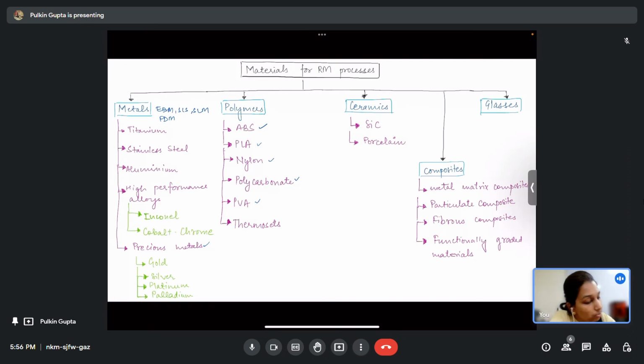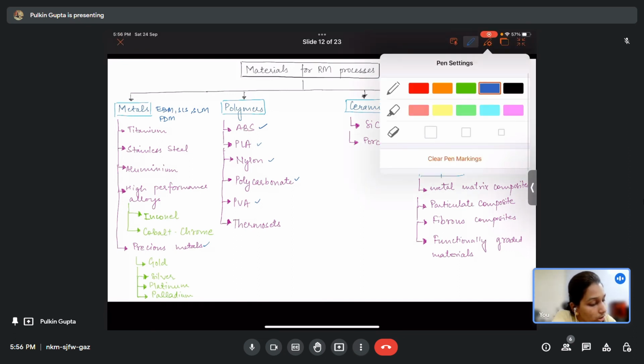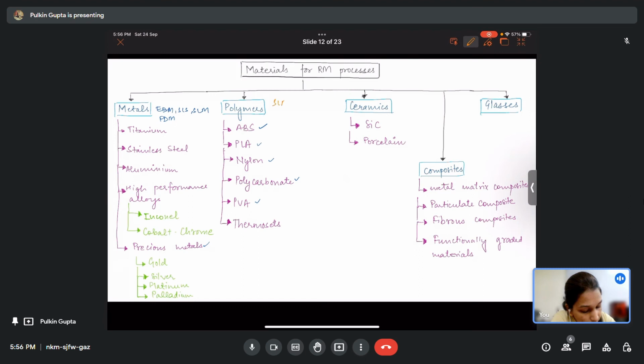So they can be processed using techniques like stereolithography, FDM, 3D printing, inkjet or binder jet printing, SLS, laminated object manufacturing, etc. Then you have ceramics, wherein you can have them in the powder form or in the form of slurry, which is silicon carbide, porcelain, alumina, etc. They can be processed using 3D printing or SLS.